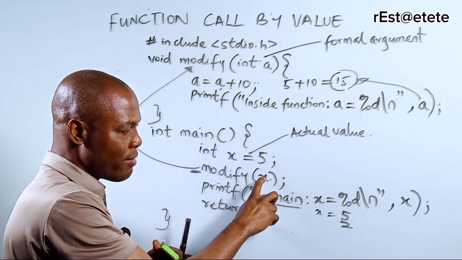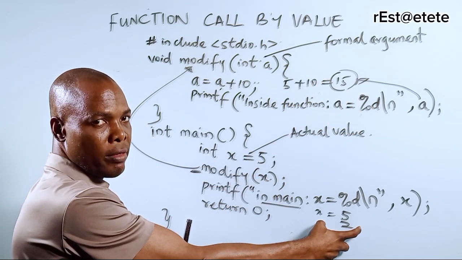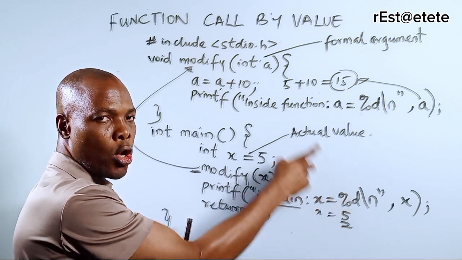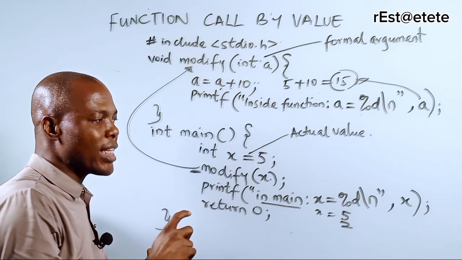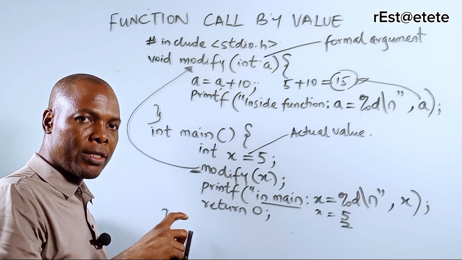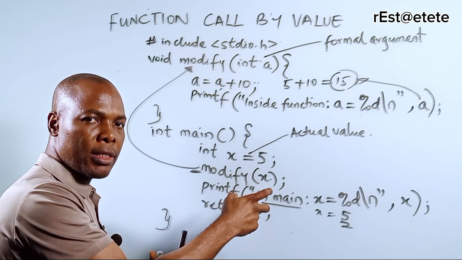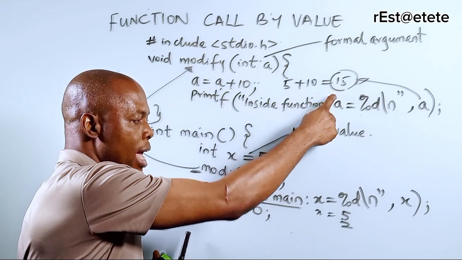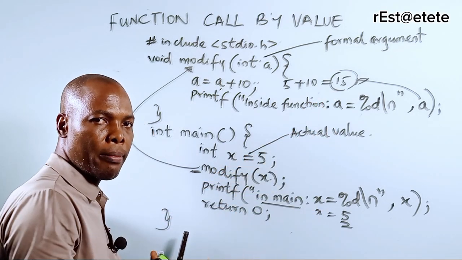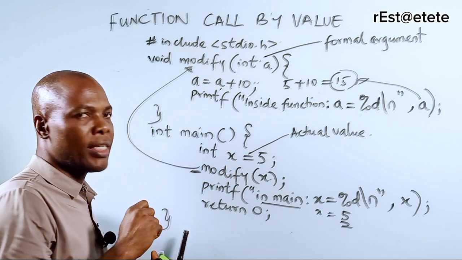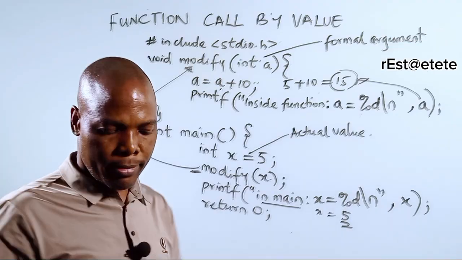But the original value of your soul is 5. That is call by value. In the next class, I'm going to teach you call by reference, where the original value of the soul will be altered. So what we will see here and what will be seen here will be the same. Till we see in the next class, bye-bye.